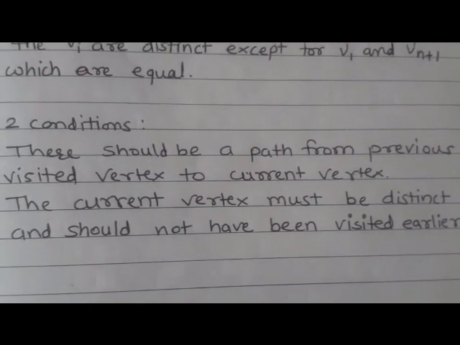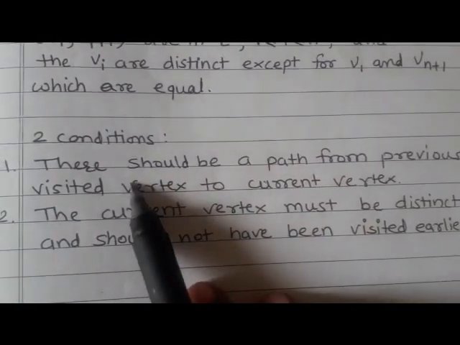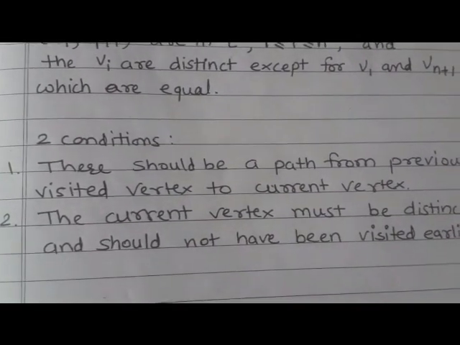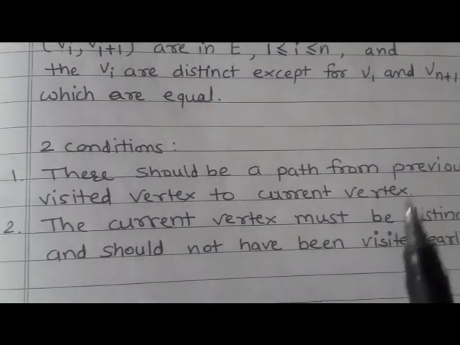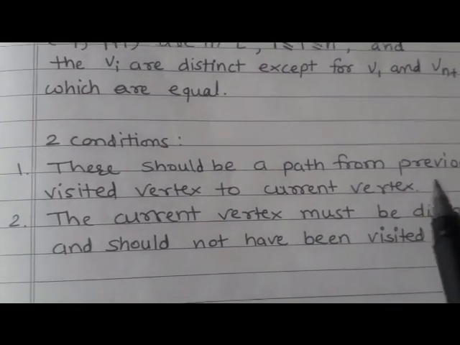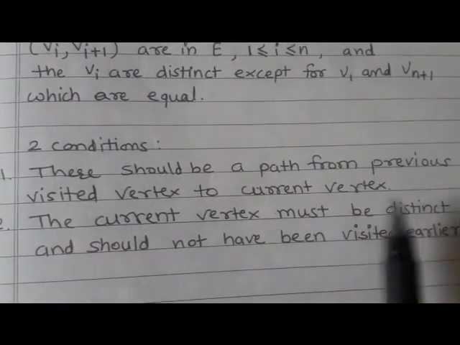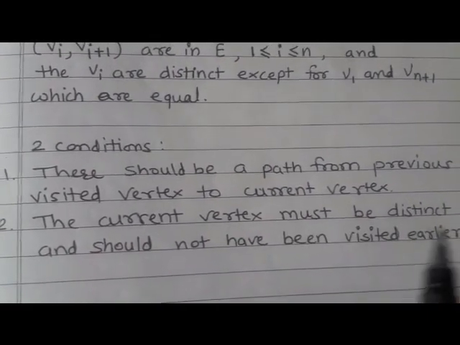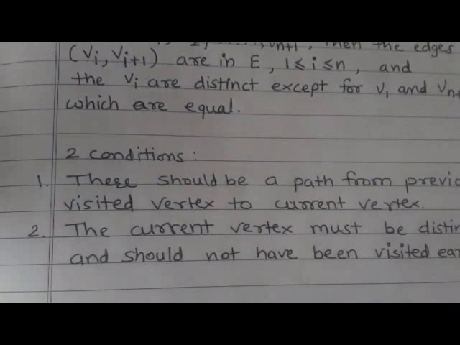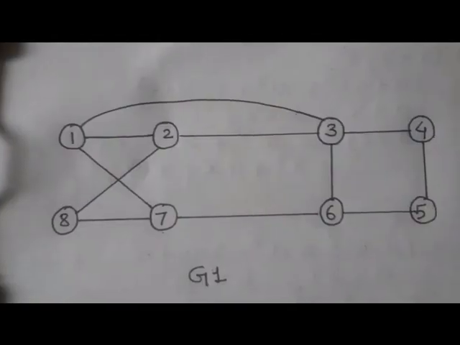For vertex 2, the previous visited vertex is vertex 1 and the current vertex is vertex 2. There is an edge, and vertex 2 is not visited earlier, so that vertex is included in the path.